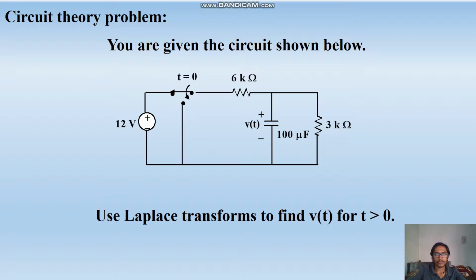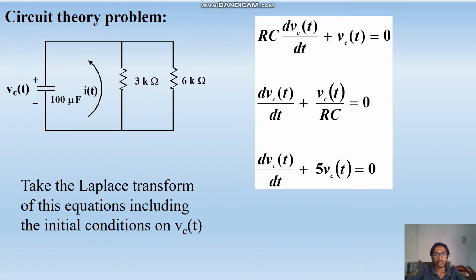Now about this circuit problem, we can get these equations using the basic electrical equations. We get RC dv/dt plus vc is equal to 0, then dividing this, we finally get dvc/dt plus 5 vc is equal to 0.